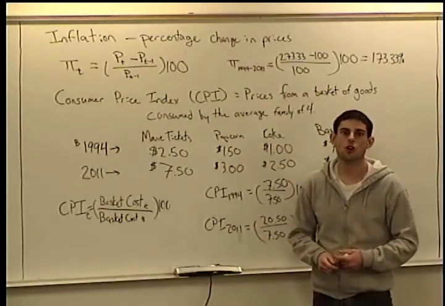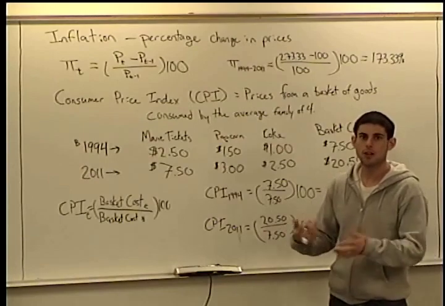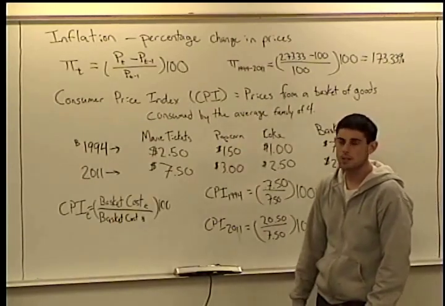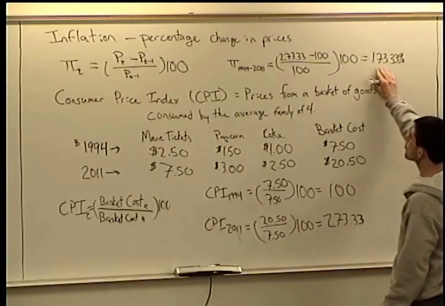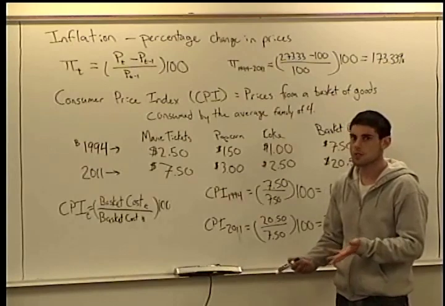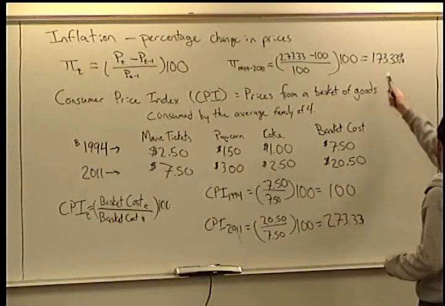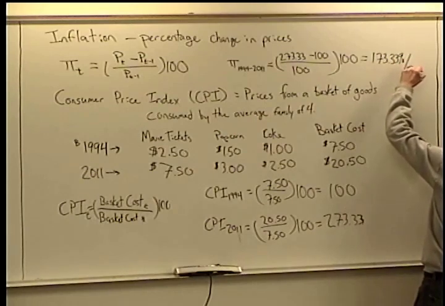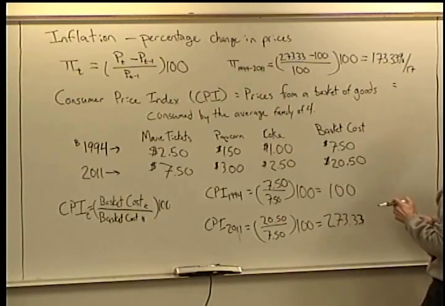average price change over those 17 years per year, so how much did the average movie ticket increase in price by year, we would take this total number that we have over 17 years and divide it by the number of years that we have, which is 17. So if we take 173.33 over 17, that gives us, it's just going to be a little over 10% a year.